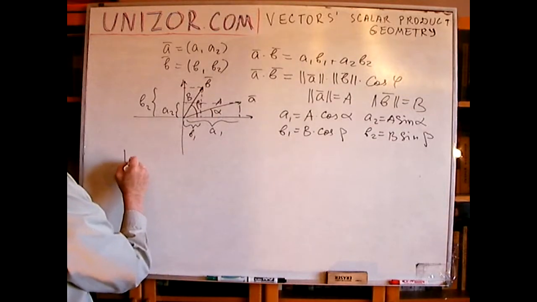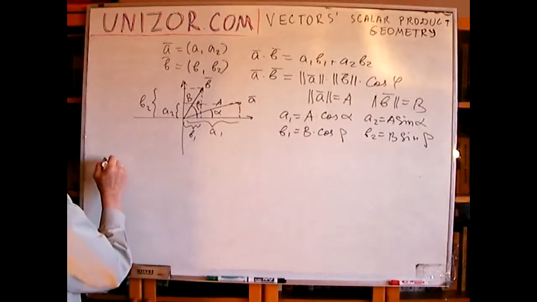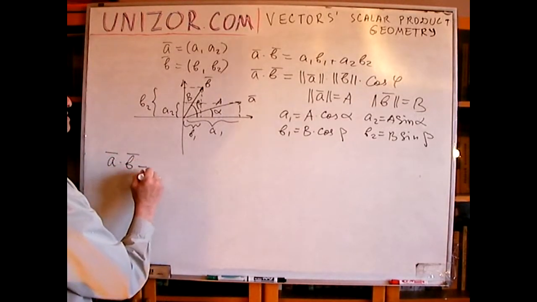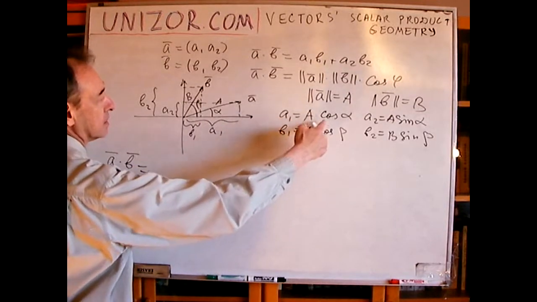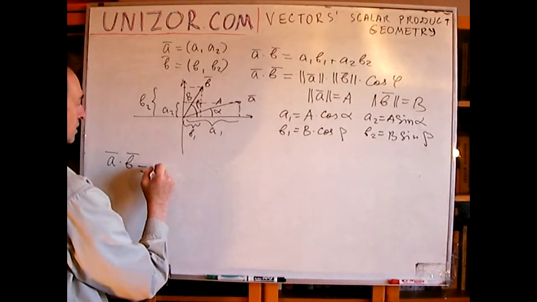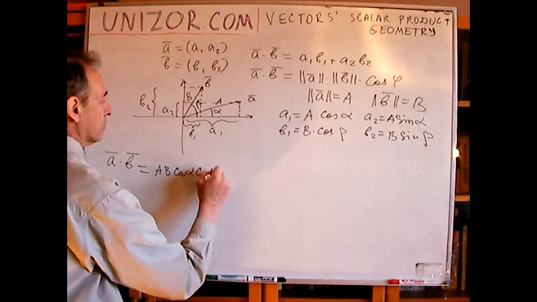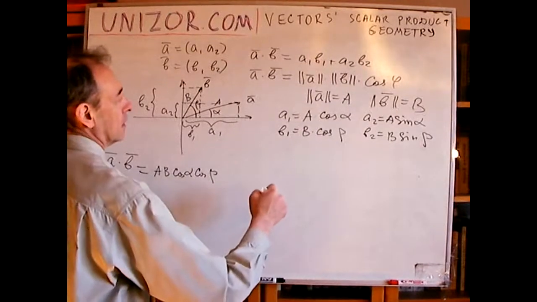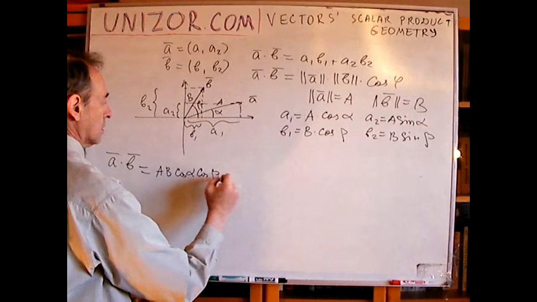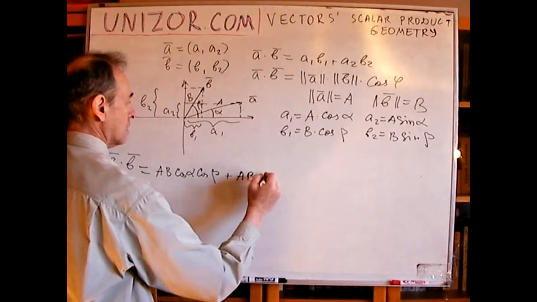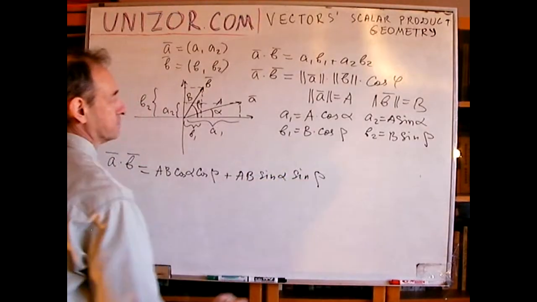The scalar product of A times B is equal to A1 B1, which is A times B times cosine alpha times cosine beta, plus A2 B2, which is AB sine alpha sine beta.